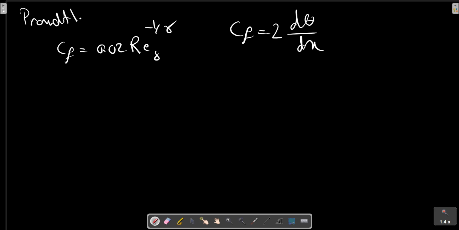had a relation with the one-dimensional momentum parameter, and the right hand side the Reynolds number.